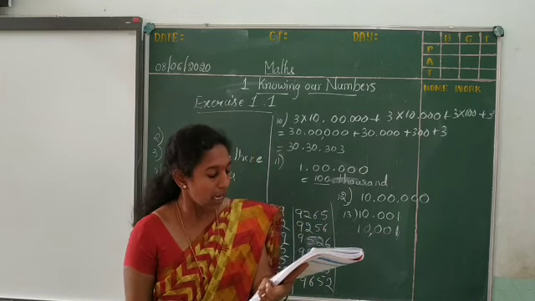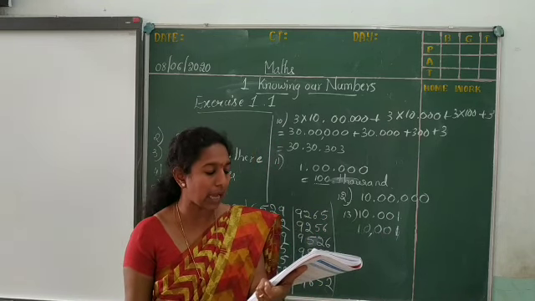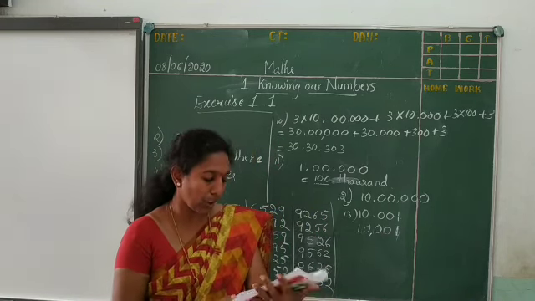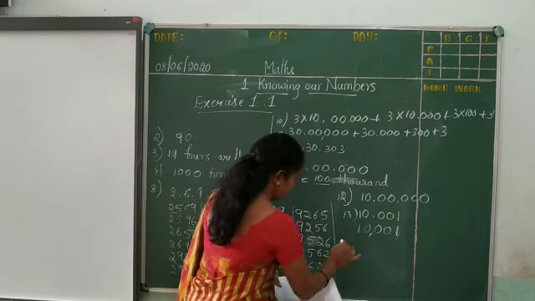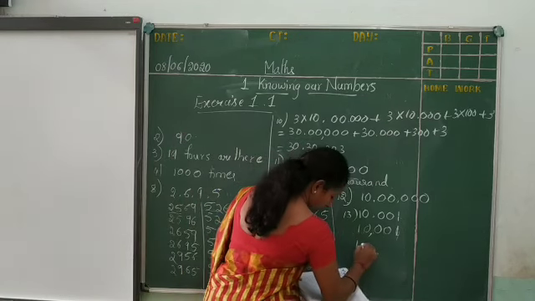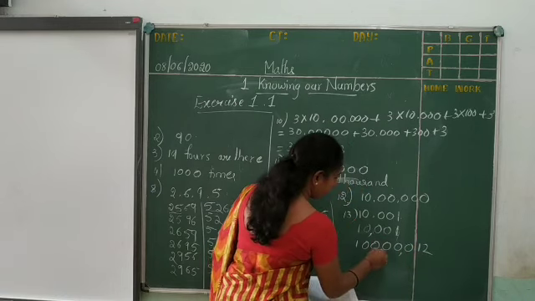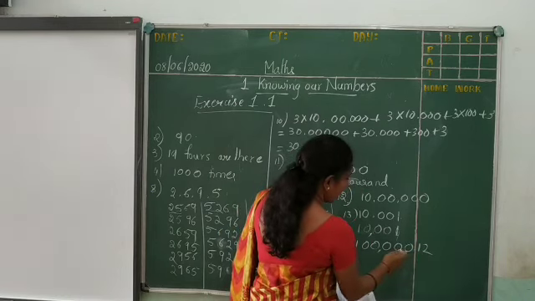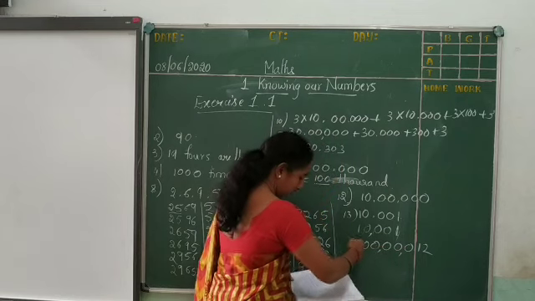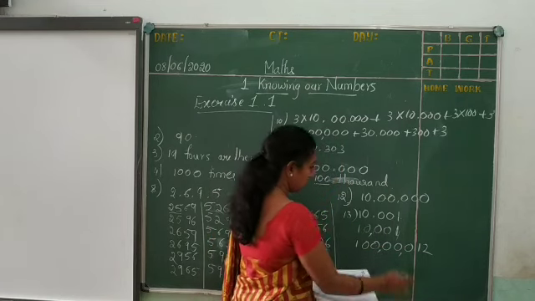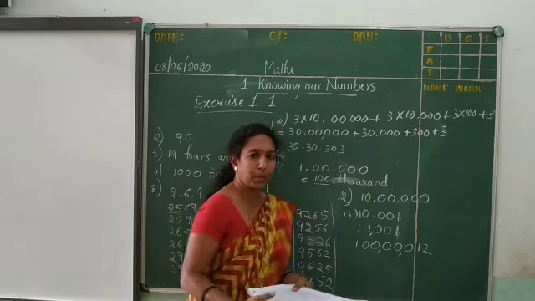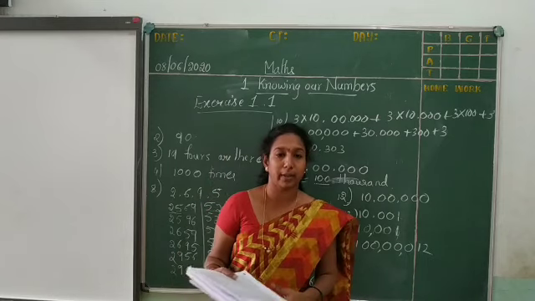Next, the smallest 8-digit number having 3 different numerals. So that answer is 1000012. How many digits? 3, 4, 5, 6, 7, 8. An 8-digit number having different numerals because they have different place values only.